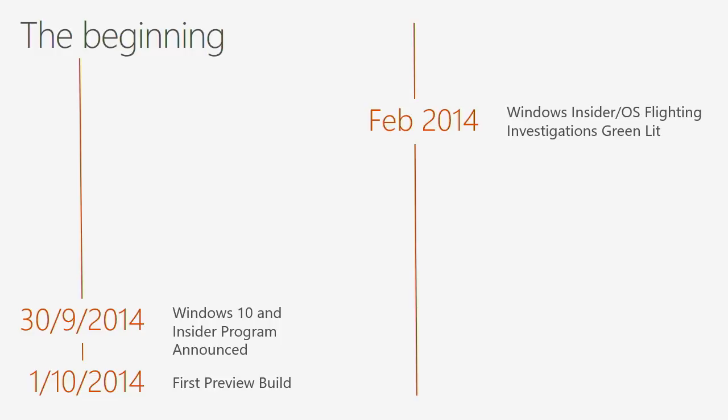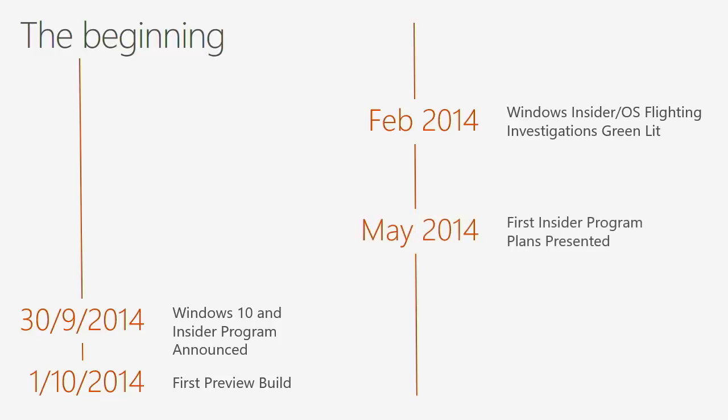So in February 2014, the team went and presented it to our executives to say, hey, we've got this really good idea. We want to make sure that we do our development in the open and we are able to get feedback from our insiders much earlier than we ever have before. And they presented a great business case, probably very similar to what you saw Donna outline today in the keynote, and then the humans started to hustle.